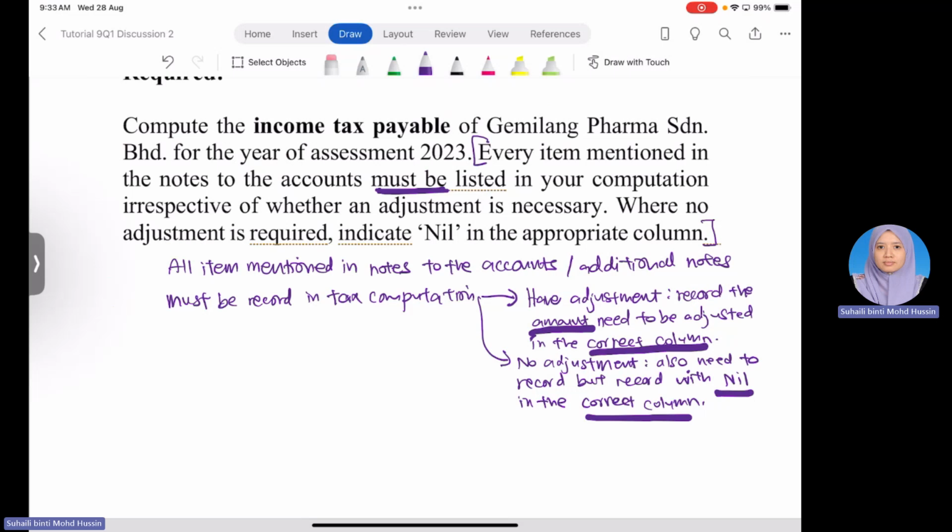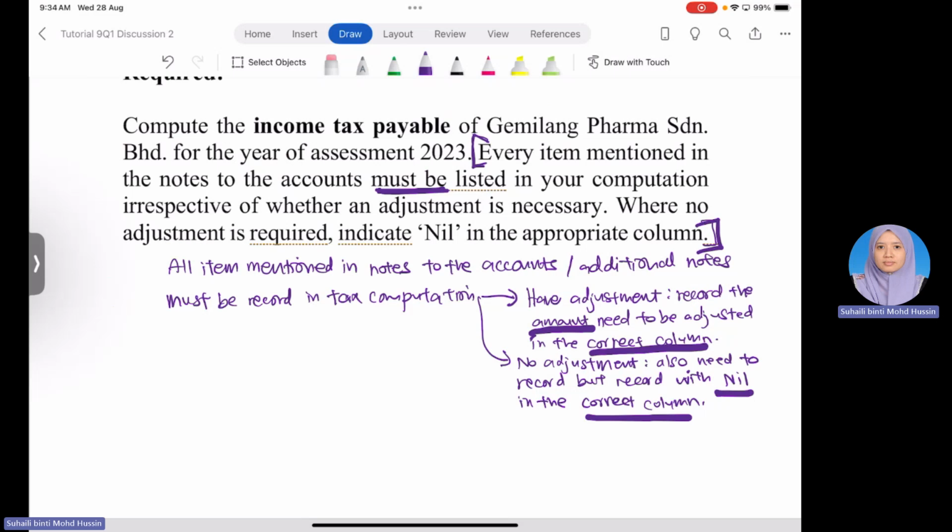So this is the meaning of this sentence. All items mentioned in the notes, in this question note number 1 until number 10, you have to record even though there is no adjustment needed. So that's the meaning of the sentence.